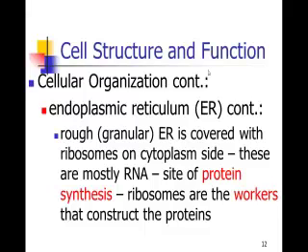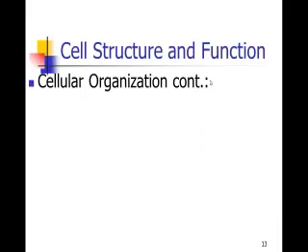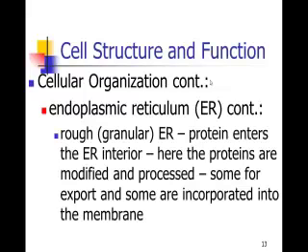If you think of the endoplasmic reticulum as the manufacturing center for the cell, the ribosomes are the workers that actually produce, or synthesize, the proteins. So protein is produced and goes into the interior of the endoplasmic reticulum, and then the proteins are modified and processed. Some of them are incorporated into the membrane itself. Some of them are processed for export.